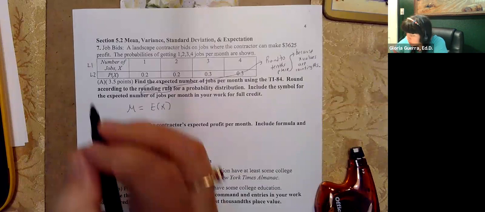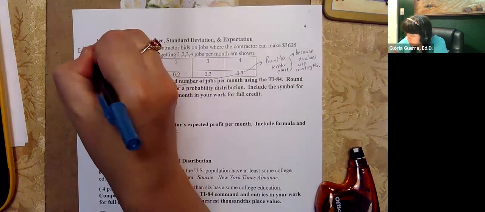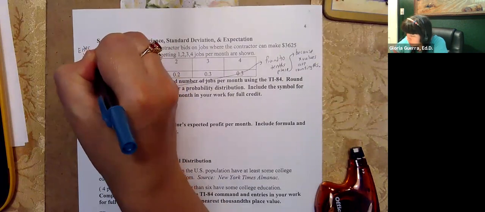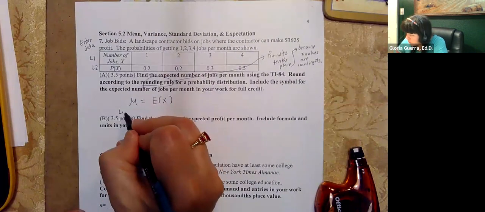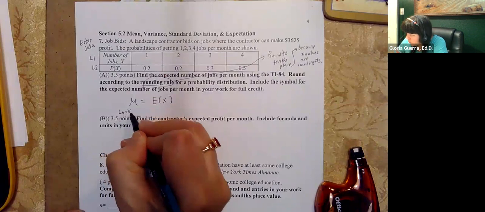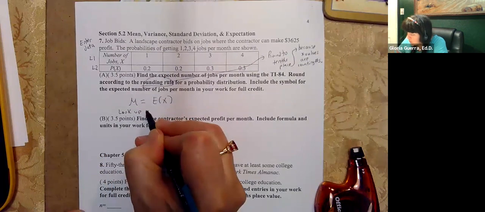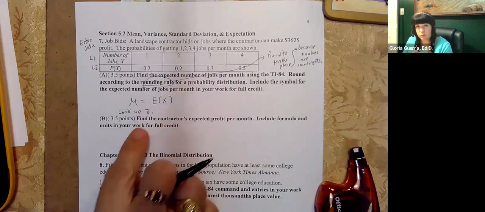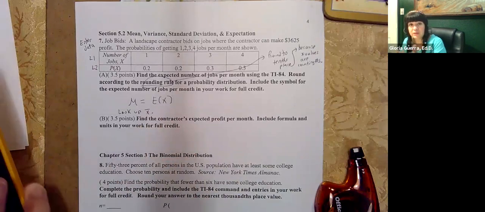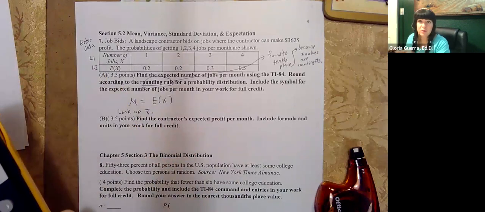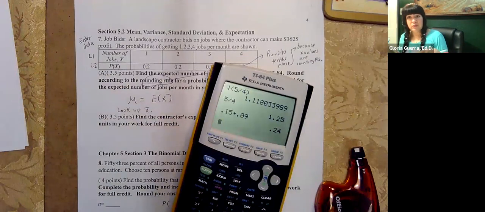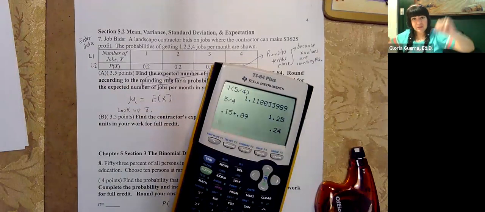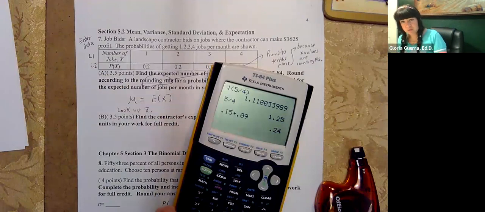So you're going to enter your data, and we're going to look up the x bar, but we don't write it as x bar, we write it as mu. Because we didn't have expected in the other problem, we just put mu, but now we have expected, so we need this E of x.